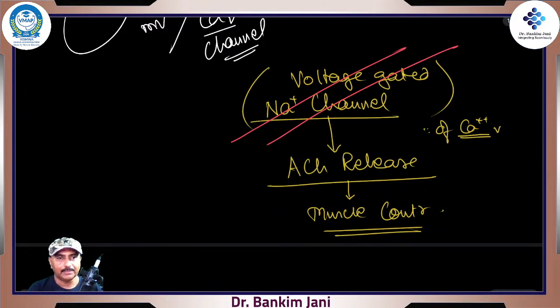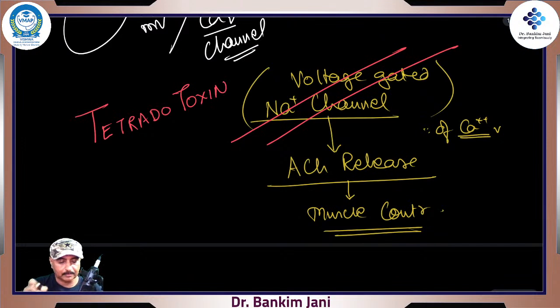Say for example there is a poison called tetrodotoxin.